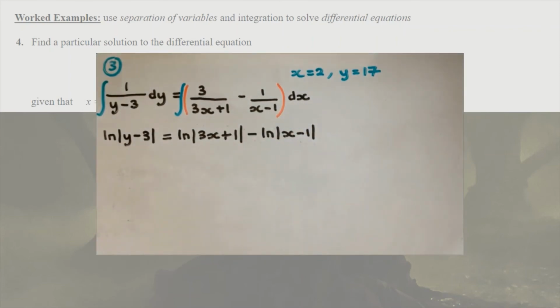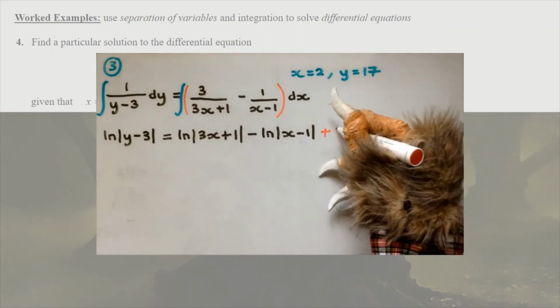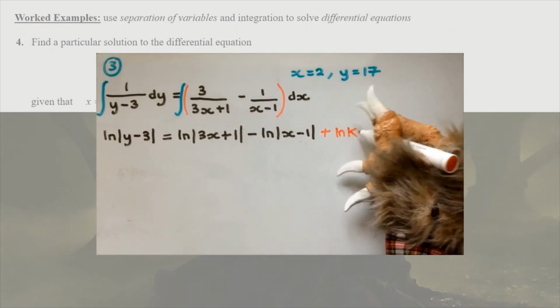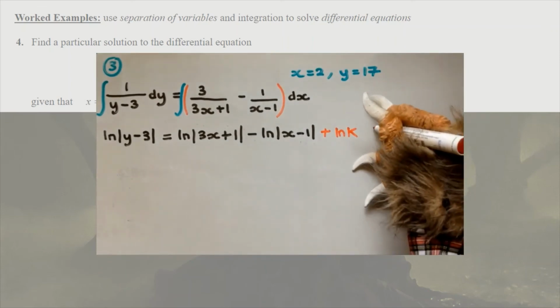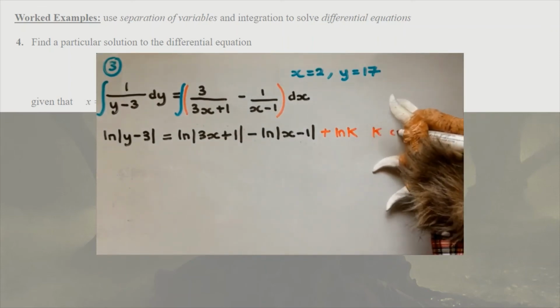Right, because we have logarithms everywhere, when we add the constant of integration, it's good practice to write the constant as a logarithm. Well, I've been over this in some detail in a previous lesson. So I'm going to add the constant and I'm going to write it in this form. So it's going to be plus ln of k, and we'll just make a note that k is a constant.